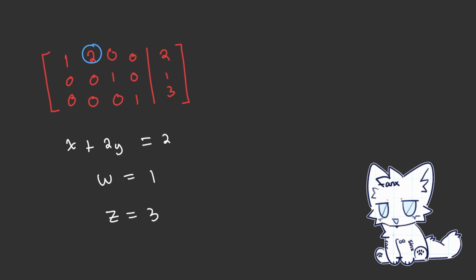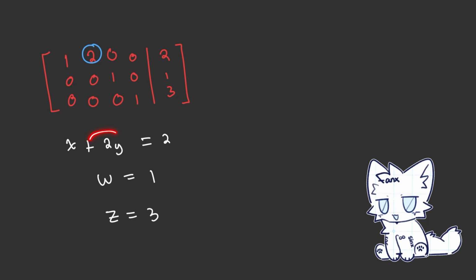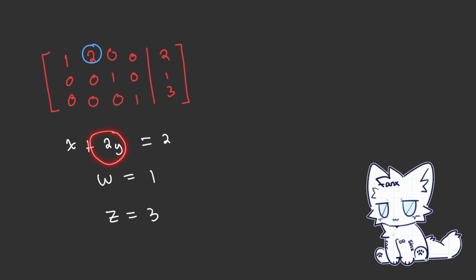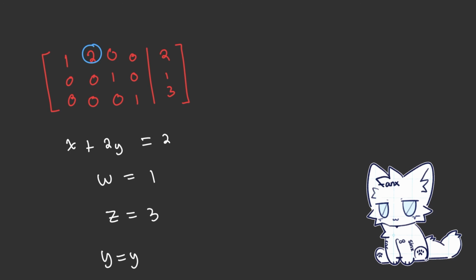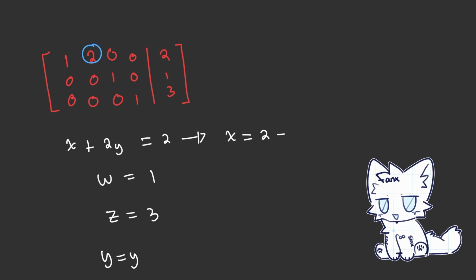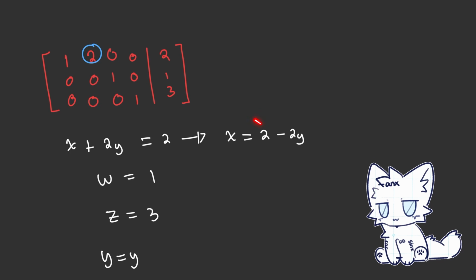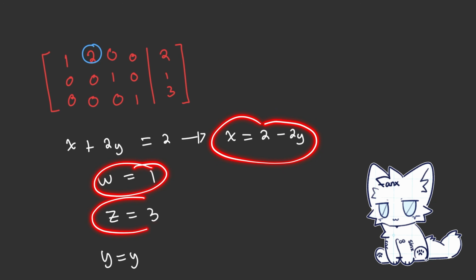That means that for a fixed value of x, because x is a pivot, y could be anything. So y is equal to y. And let's rewrite this: x is equal to 2 minus 2y. These will be the solution for this matrix.